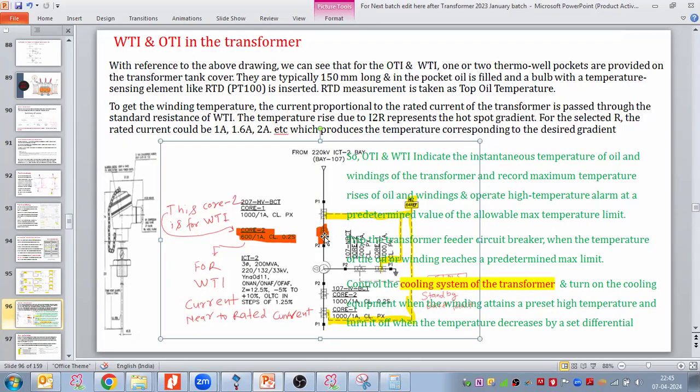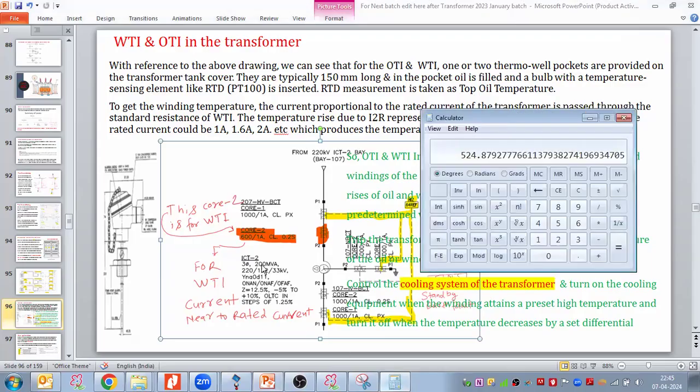But my second CT will not be equal to 1000. Why? Because I need the current exactly equal or near to my transformer current, because from this current I am sensing the temperature. So this current should be close to the transformer rating.